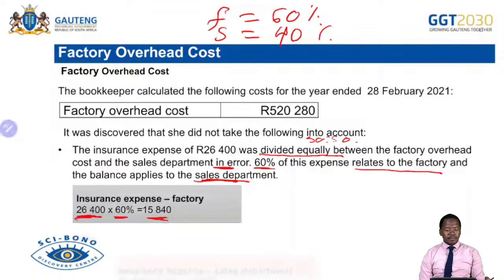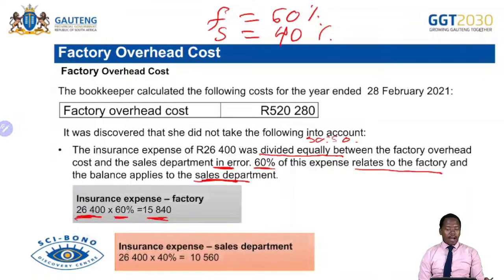But now, we didn't get that. Now, for sales department, we're supposed to be having 10,560. But we had the wrong amount, which was 26,400 divided by 2, because that is equal. We recorded 13,200 for both. We were not supposed to do that.